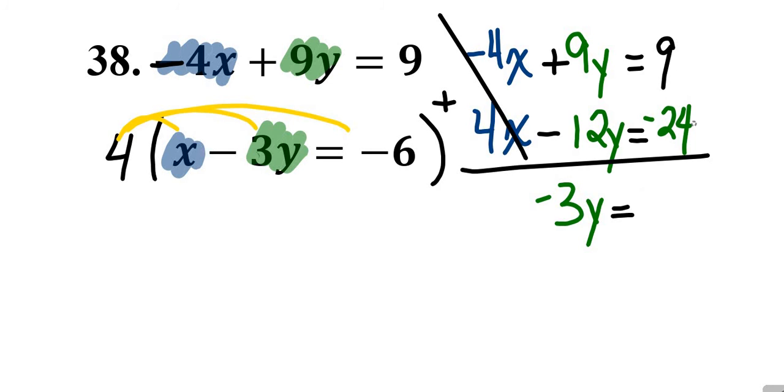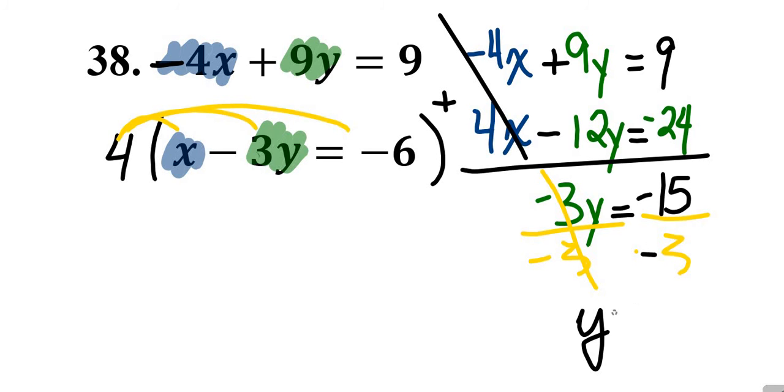And 9 minus 24 is negative 15. So y is going to equal positive 5.